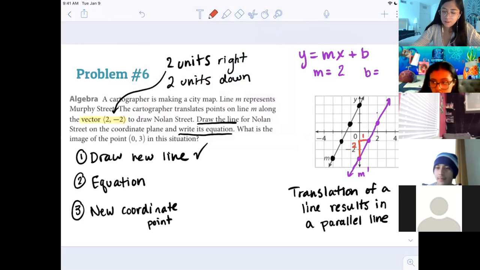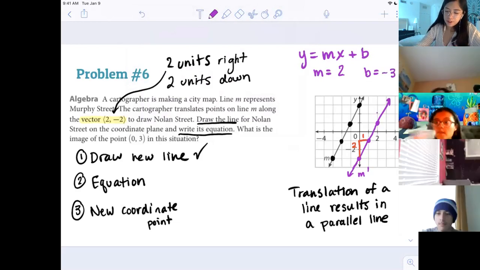My y-intercept? -3. Good. So my final equation for this purple line is y equals 2x minus 3.